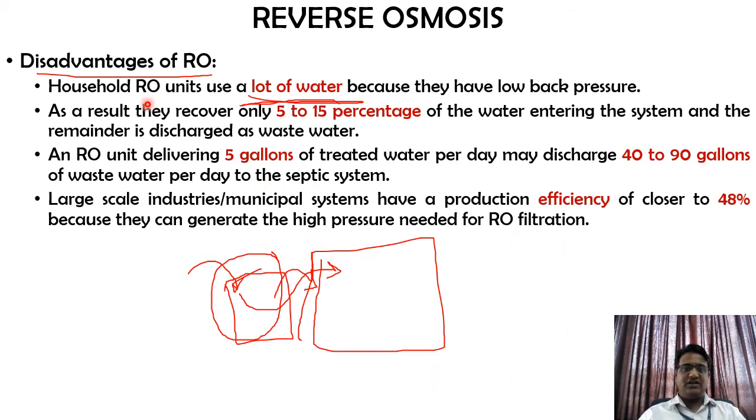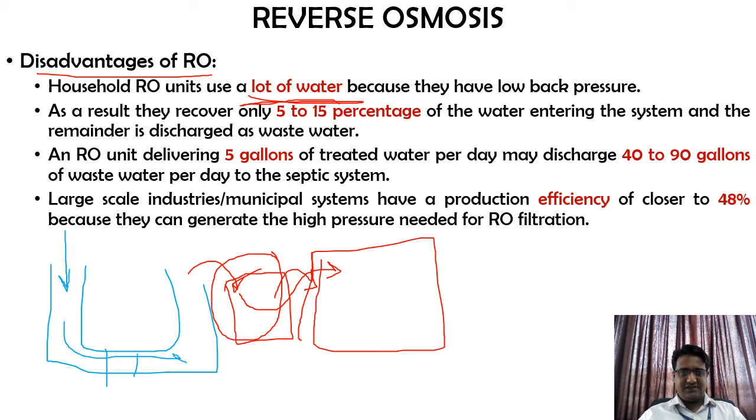In the simplest of terms, let us take this example. Here I have my membrane. As and when I apply more pressure, that much efficiency I am going to get over here. Unfortunately, in regular household RO systems, the pressure itself will be very less.